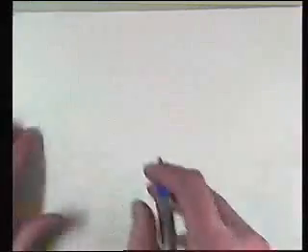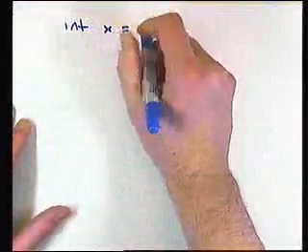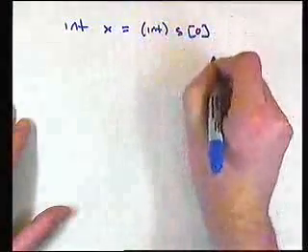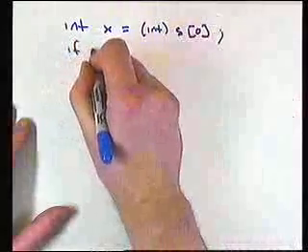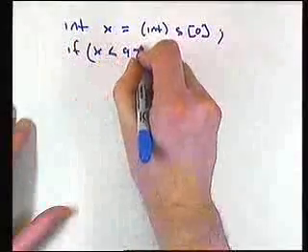You could have just said something like int x equals cast, the particular character, and then you can say if x is less than 97.